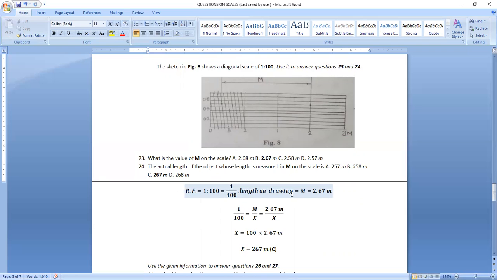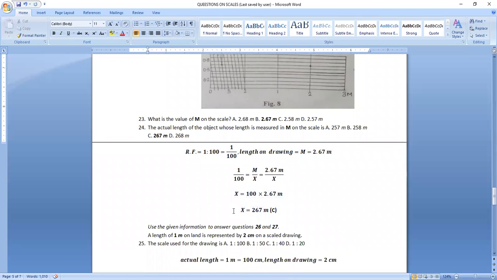So the length on drawing is the value of m, which is 2.67 meters. By my calculation, the actual length is 267 meters. So that gives us option C as the answer to the question.